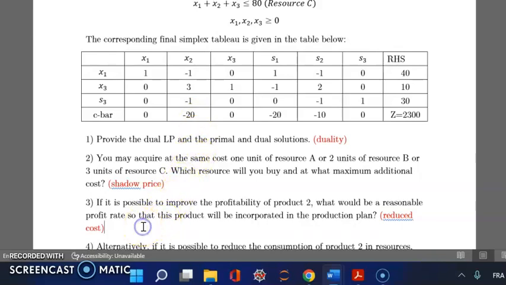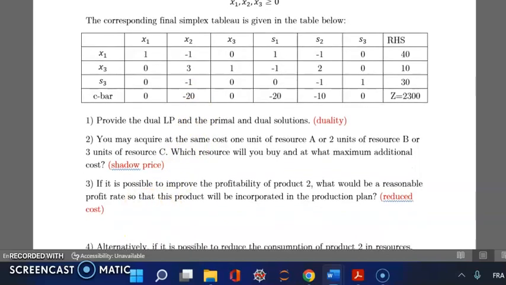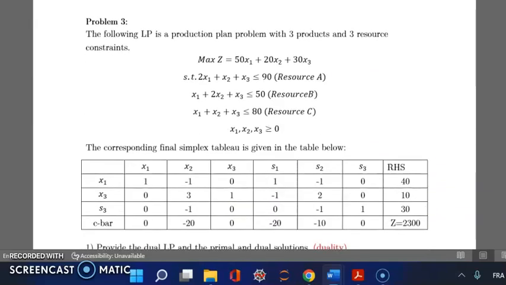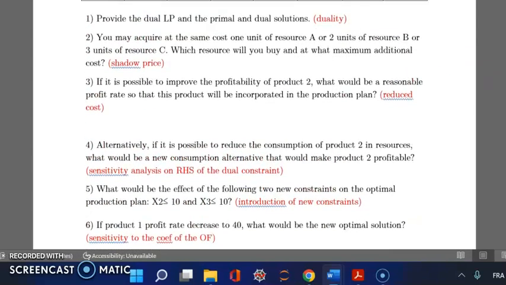So to answer this question, let's see how much the profit rate of product 2 is. It's 20. So a reasonable profit rate of product 2 would be 20 plus 20, which is $40.